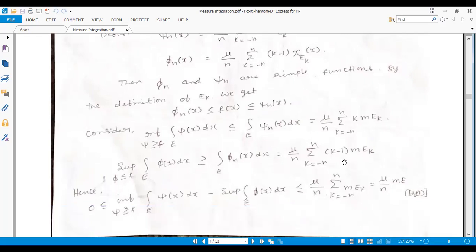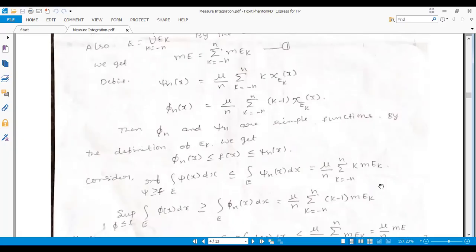Hence, observing these two combined, we can write 0 less than or equal to the infimum of this minus this, less than or equal to mu by n times the summation, because k minus 1 is less than k, with k running from minus 1 to n of the measure of Ek.